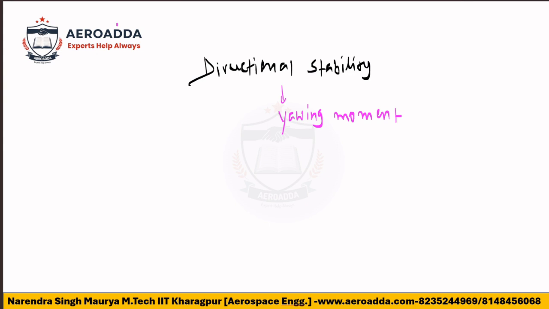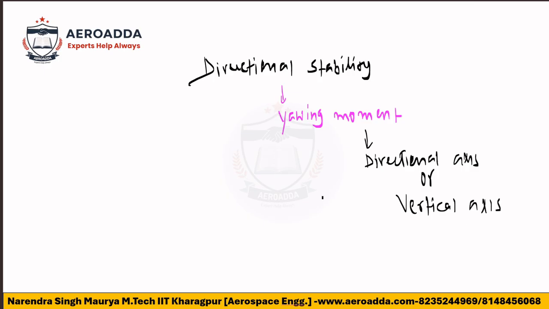Yawing moment. And this yawing moment you will get about which axis? It is the directional axis, or the vertical axis. If this is the airplane, check everybody.